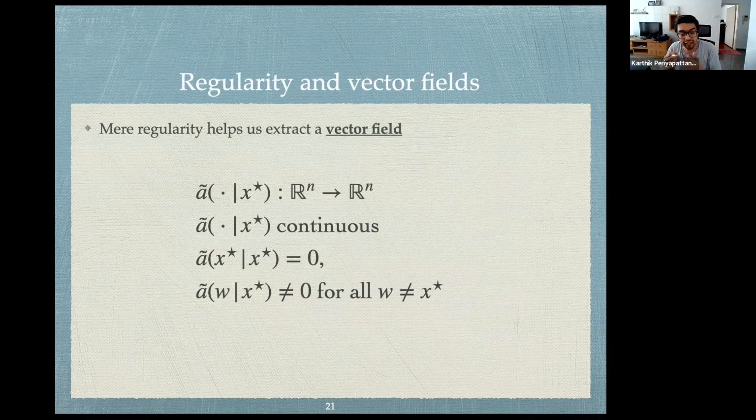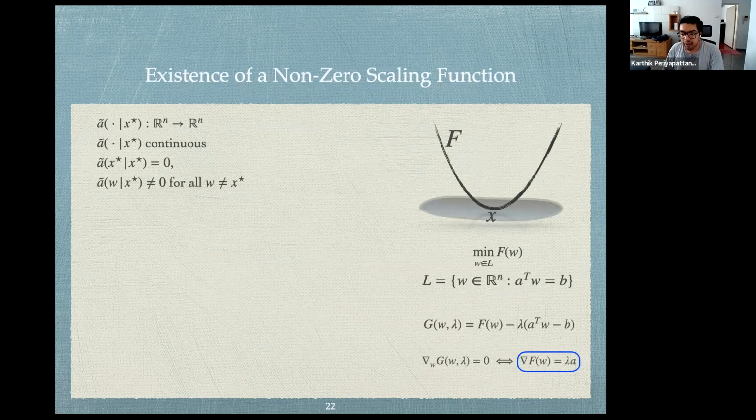So where am I heading? Why is all of this coming? What do I want to do with this vector field? Recall this slide I showed you earlier. Whenever we are minimizing a function f, if f is differentiable, it has to satisfy a property like this.